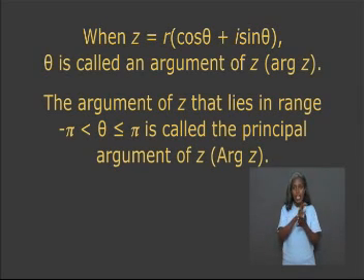When a complex number is written in the form z equals r times the sum of the cosine of theta and iota times the sine of theta, theta is called an argument of z. The particular argument of z that is greater than -pi and less than or equal to pi is called the principal argument of z.